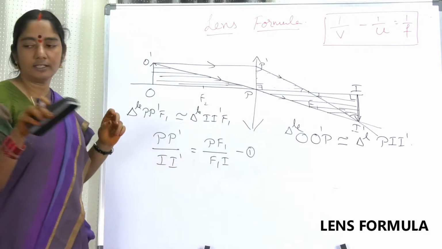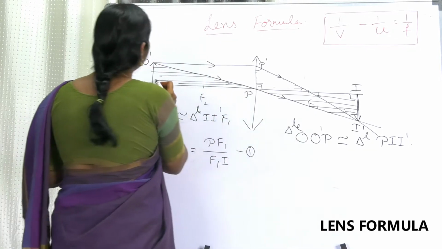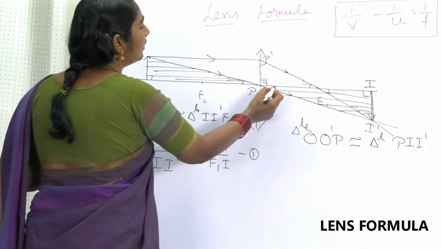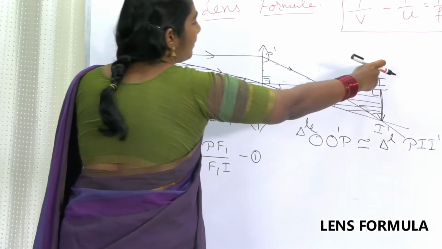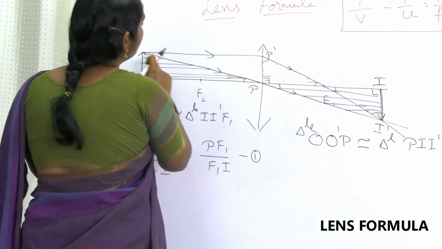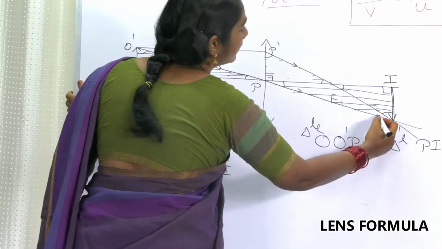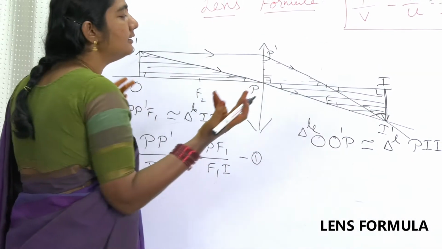Again, how can you say that they are similar? You already know that this is 90 degrees and that is also 90 degrees. These two vertically opposite angles are equal. Now these two lines are parallel and this becomes a transversal, so the alternate angles are equal. So now you understood that these two triangles are similar.